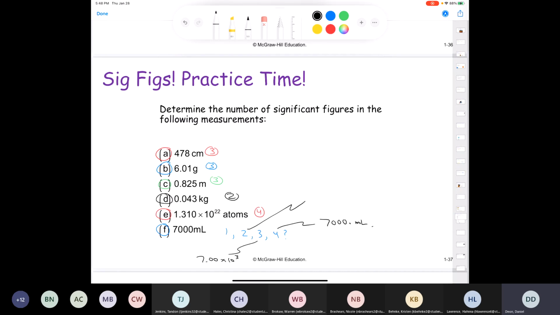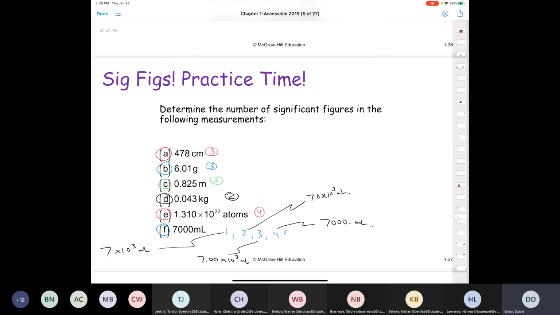If I wrote it as 7.0 times 10 to the 3, then it would be 2 significant figures. And if I wrote it as 7 times 10 to the 3 milliliters, then it would have only 1 sig fig. So that's how you could express it using either 1, 2, 3, or 4 significant figures. So kind of a little trick there.